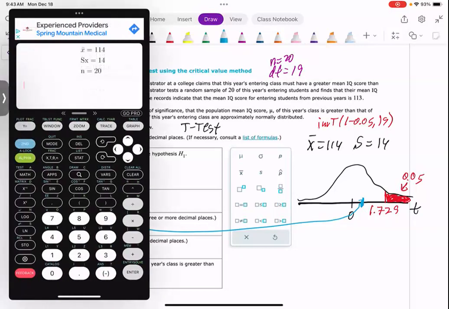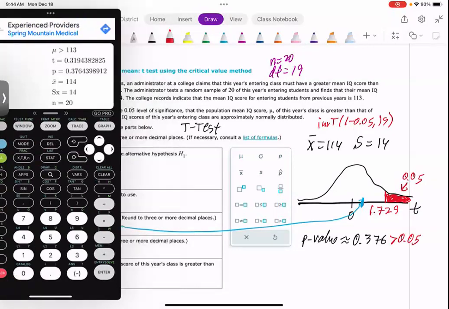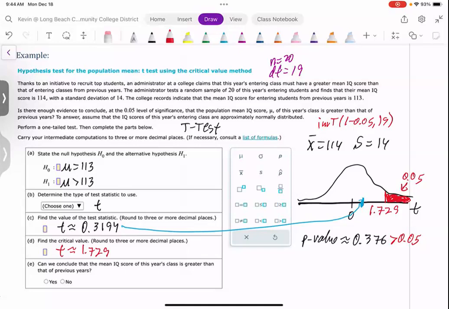I want to point out that the p-value is about 0.376, which is clearly larger than our alpha. So our test statistic is not in the critical region and the p-value is larger than alpha, so our conclusion is we're going to once again fail to reject the null hypothesis. So can we conclude that it's greater than previous years? No, we cannot.